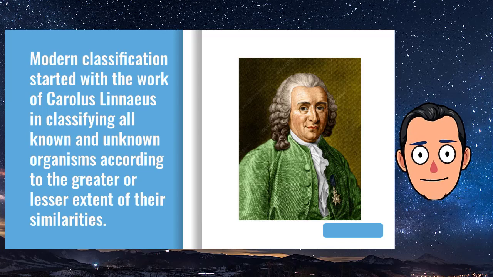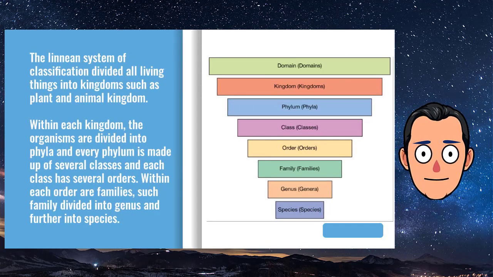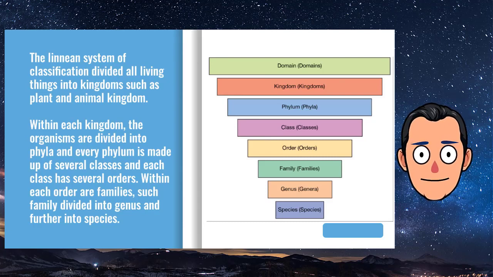The Linnaean system of classification divided all living things into kingdoms such as plant and animal kingdom. Within each kingdom, the organisms are divided into phyla, and every phylum is made up of several classes, and each class has several orders. Within each order are families, each family divided into genus and further into species.